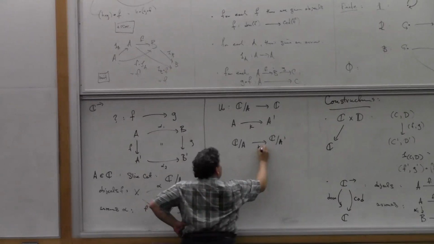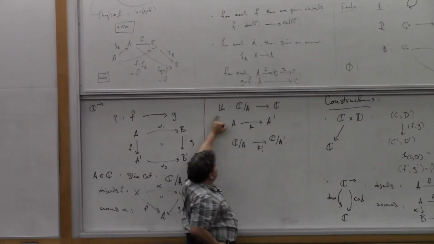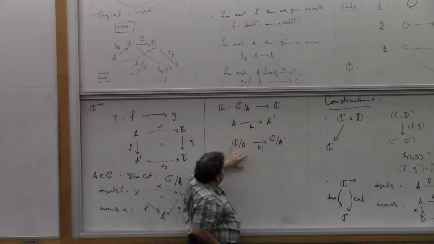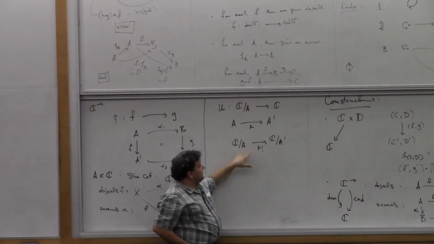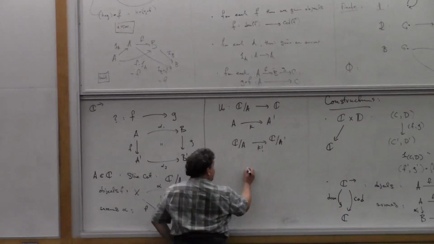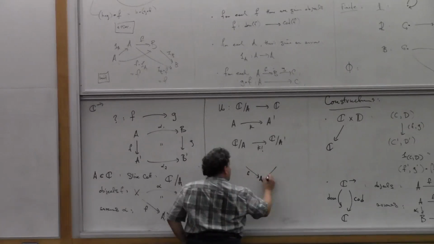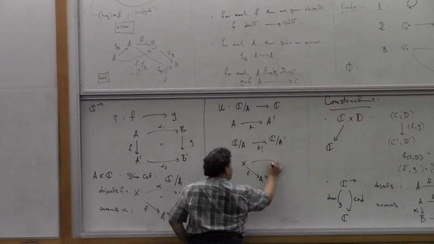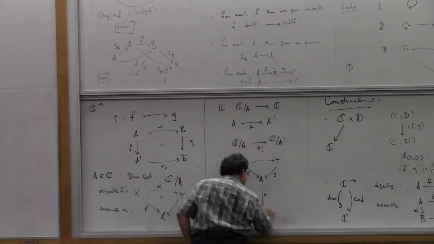I'll call this K shriek. How does it work? So this is just an object in C. This is an arrow in C. This is a whole category, right? And now this is a functor from this category to this category. It works like this. Here's A. Here's F, G with its domain and codomain. And it works by composition. Here's K.